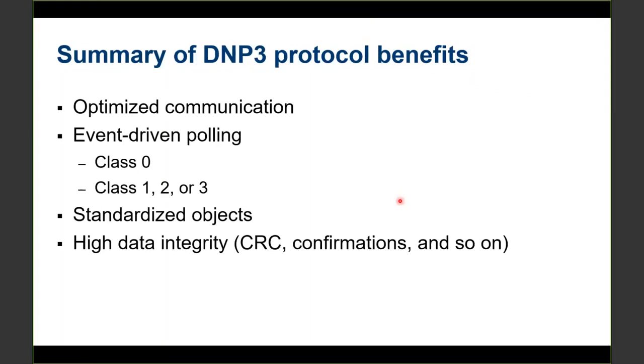It is a protocol with high data integrity based on the CRC, because the DNP packet can have many CRC bytes. This is for sure one of the reasons DNP is used a lot, and we can use DNP in communication channels with fiber, radios, 232, 485, point-to-point, and point-to-multipoint.